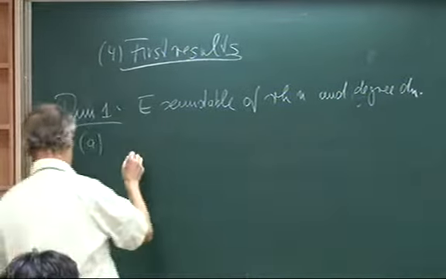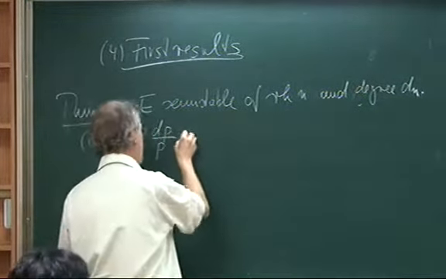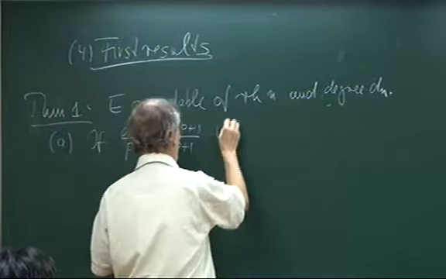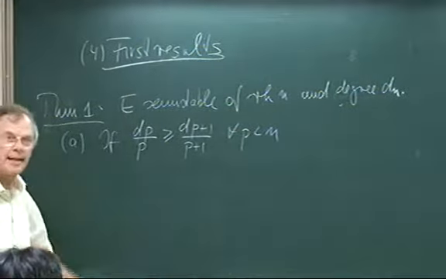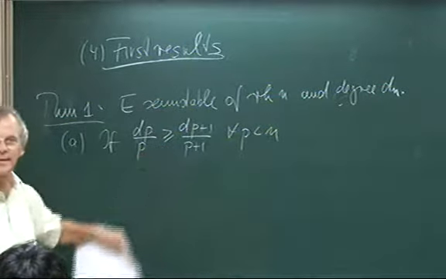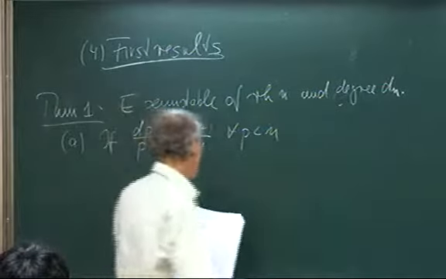Then we have that if d_p over p is greater or equal to d_(p+1) over p plus 1 for all p less than n, which is often the case, but not always, and since we don't know these invariants for all curves, we have to assume it, right?